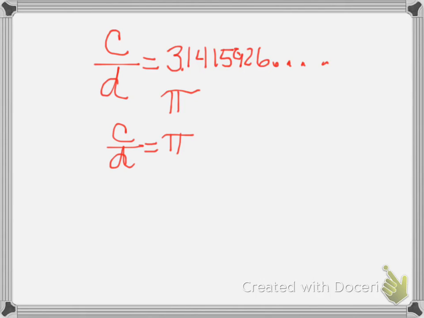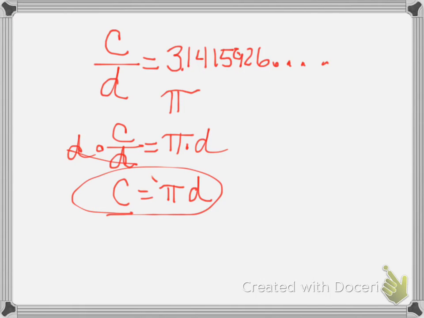Because if I look at this equation right here and I needed to solve for circumference, how do you undo a division? When we solved equations, what's the opposite? What did we do? Multiply. So if I would multiply both sides of this equation by diameter, that shows circumference is pi times the length of the diameter. That's how they derived the circumference formula.